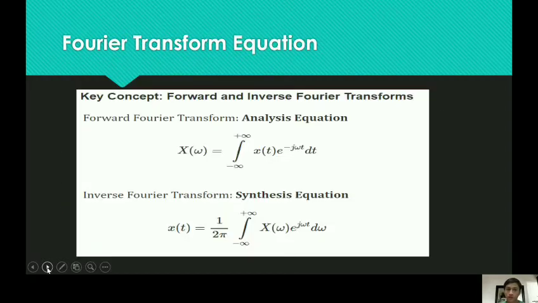Alright, the Fourier transform equation. Fourier transform equation has two types, which are forward Fourier transform and inverse Fourier transform. There are some points here, which are frequency domain and time domain, which are Fourier transform pairs.